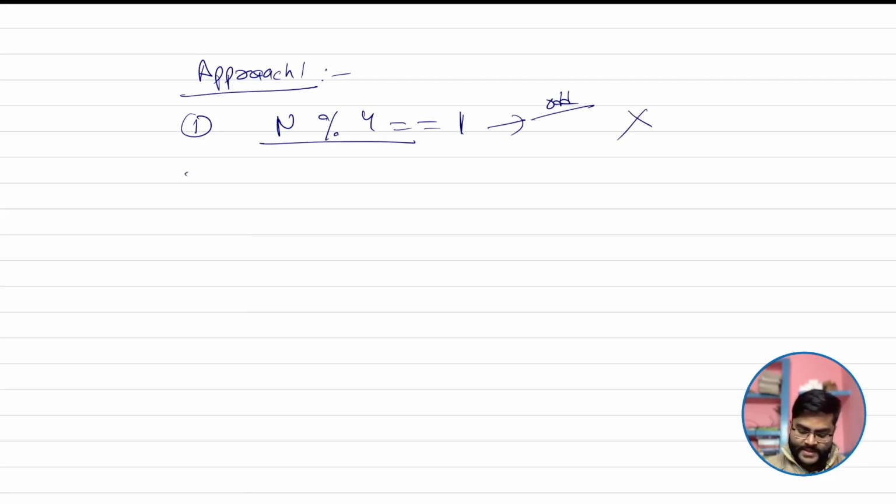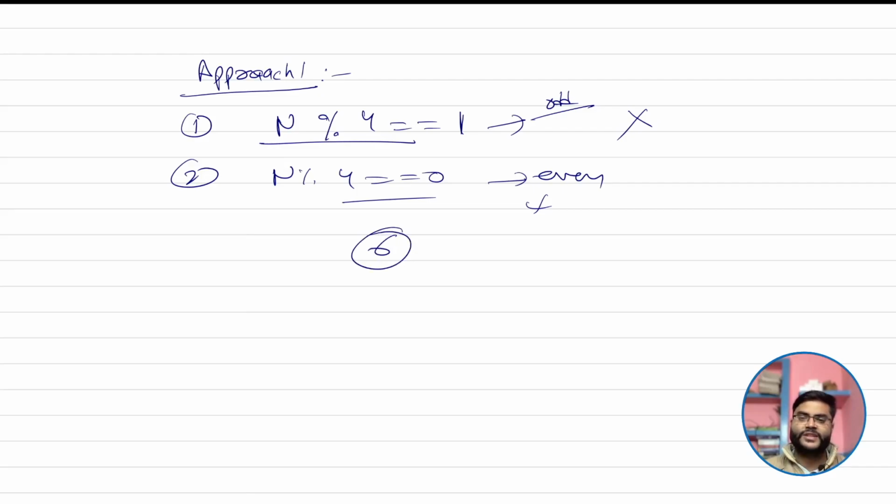Second, if it is 0, it is even, but still there is a chance that it is not a power of 4. 6 is not a power of 4, 10 is not a power of 4. So if it is even, just divide the number by 4 and keep doing this.